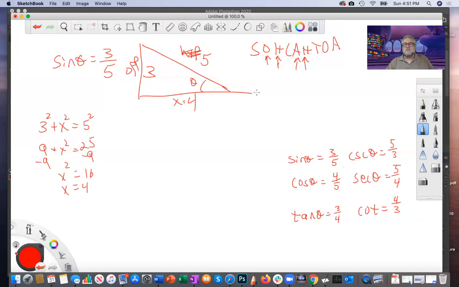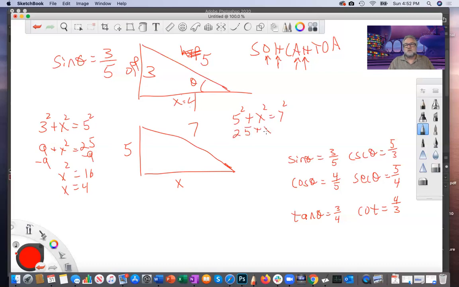Okay? That's the 6 trigonometric functions. Now, sometimes it's not so convenient, and you don't get a nice number for the side. Like, what if the triangle was 5, 7, and x? So 5 squared plus x squared equals 7 squared. 25 plus x squared equals 49.